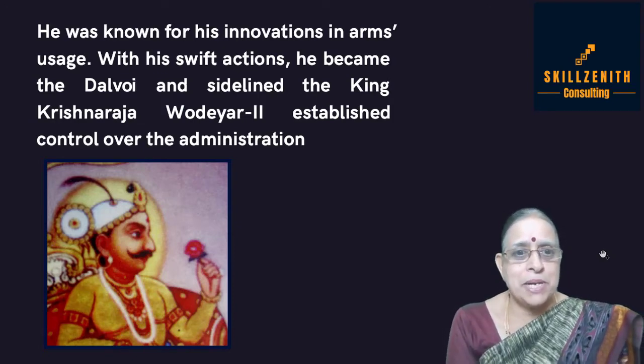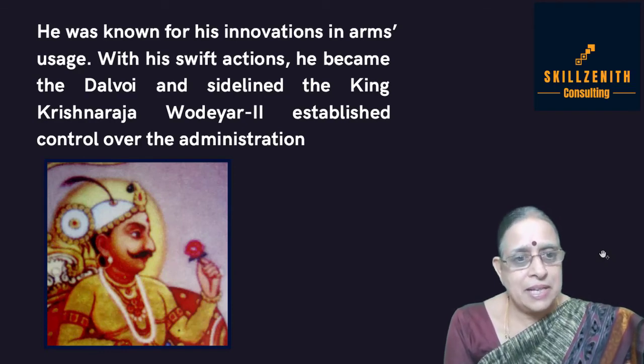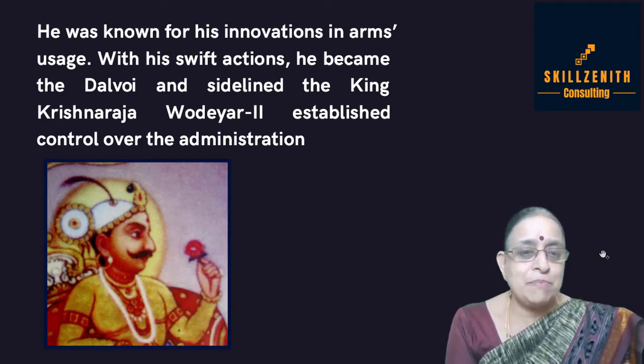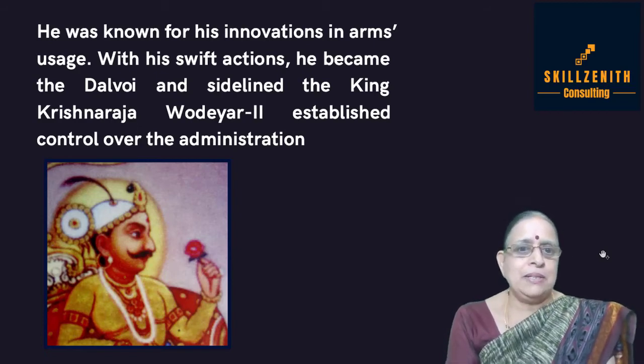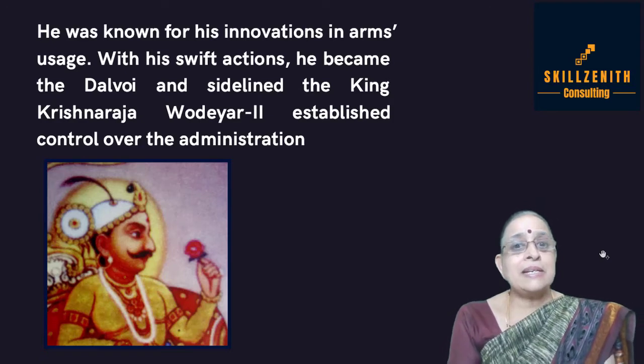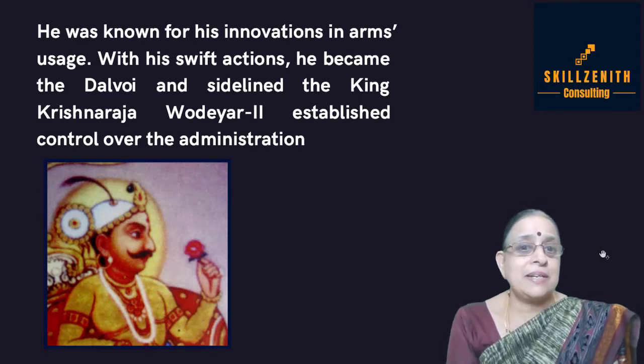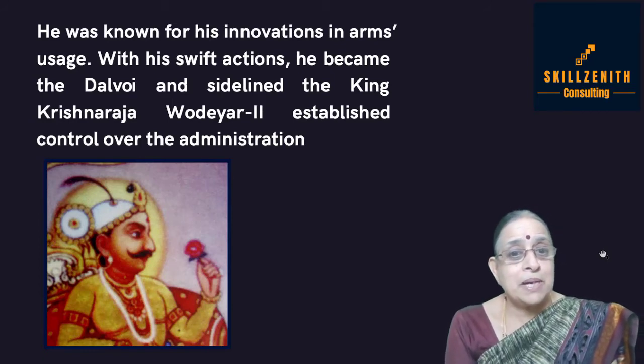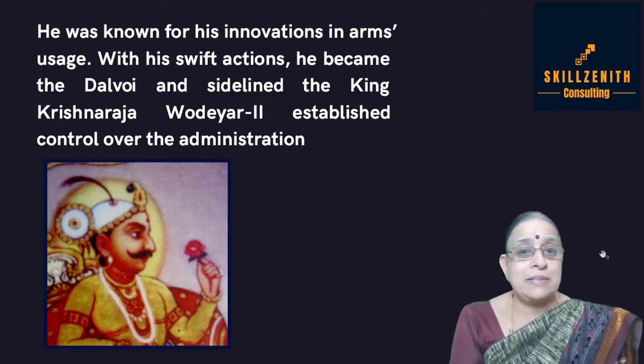Now note the point that when he became prominent, the king of Mysore was Krishnaraja Vadaya II. He became a Dadavai. That means he was promoted from the post of soldier to Dadavai. Dadavai is the next post. ಅವಾಗ ಇವನೇನ್ ಮಾಡ್ತಾನೆ, he sidelined the King Krishnaraja Vadaya II. ಪಕ್ಕಕ್ಕಿಡೋದು, ignored, almost ಅವನ್ನ ಪಕ್ಕಕ್ಕಿಟ್ಬಿಟ್ಟು he only became prominent than the king.